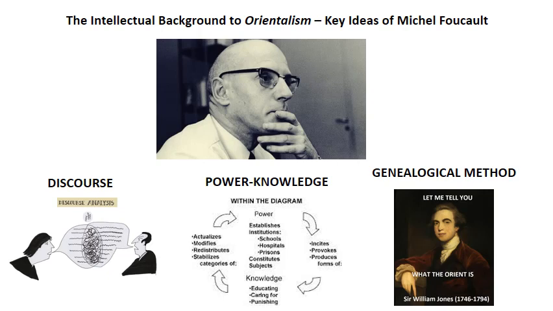So when Said says that Orientalism is a discourse, this is what he means, that it is a set of conversations really, which is produced by power and which prescribes particular rules and categories which define legitimate knowledge. So you can't just say anything within Orientalist discourse. It has to meet certain criteria.